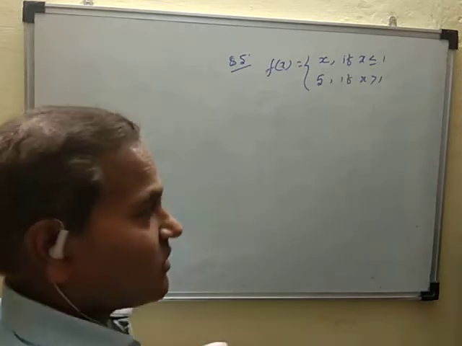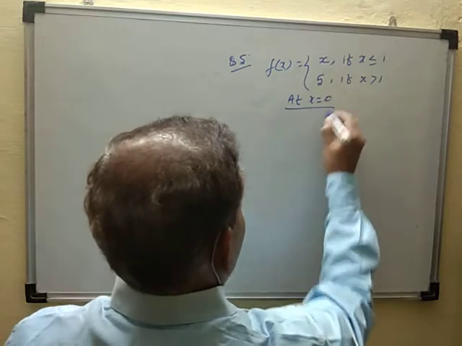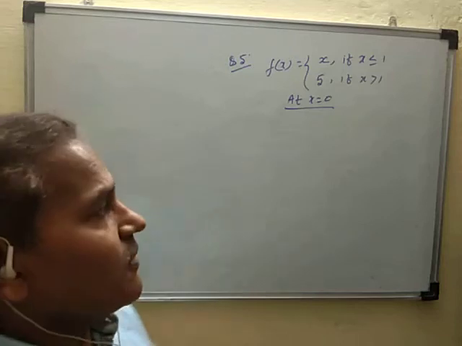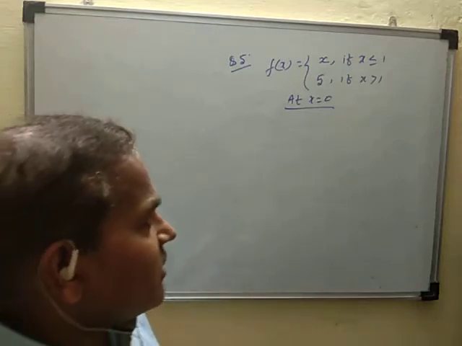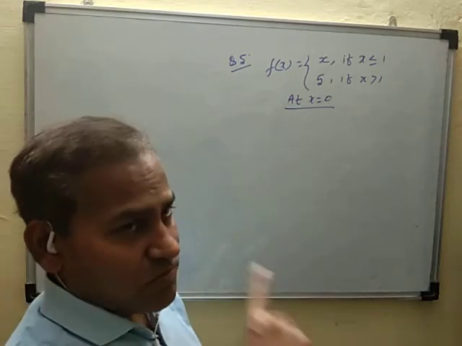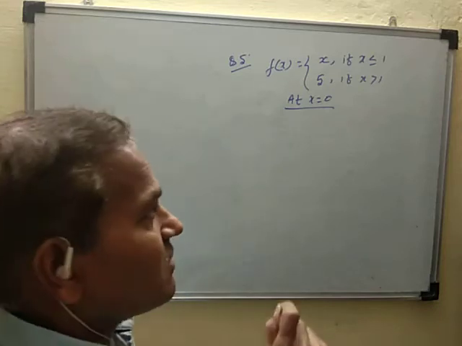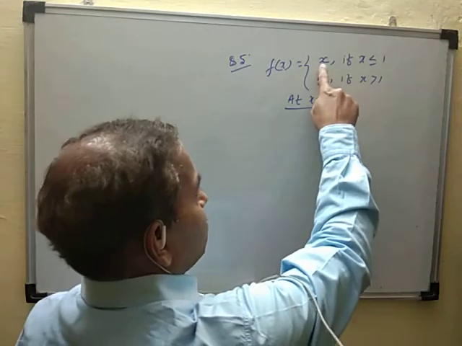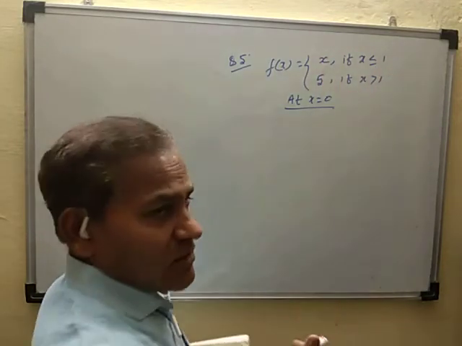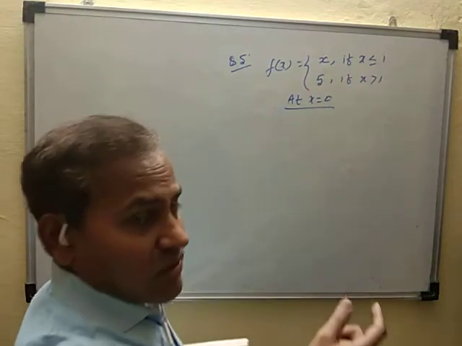First you check that continuous at x is equal to 0 or not. At x is equal to 0, check that function is continuous or not. So which definition is used? At x is equal to 0, so 0 plus or 0 minus, in both cases function value is same, f of x equal to x, because f of x equal to x when x less equal to 1 and this value is 5 when x greater than 1.